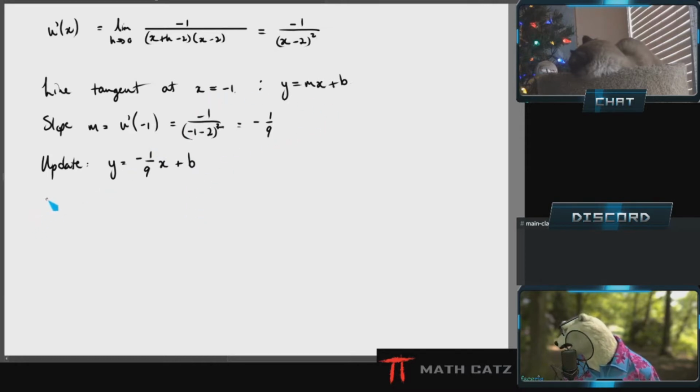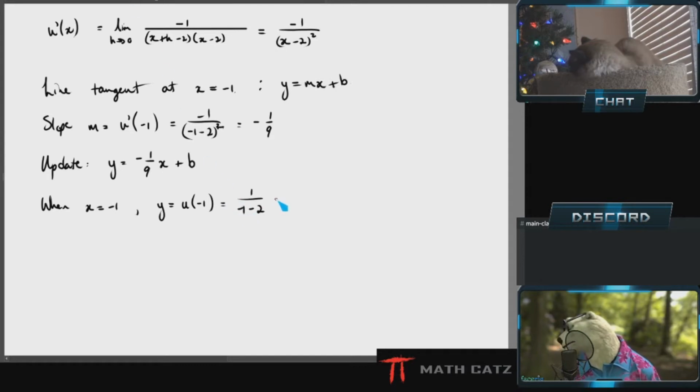Now when x is negative 1, y is the function value at negative 1. Not the derivative, the function value. And the function is 1 over x minus 2, not x.